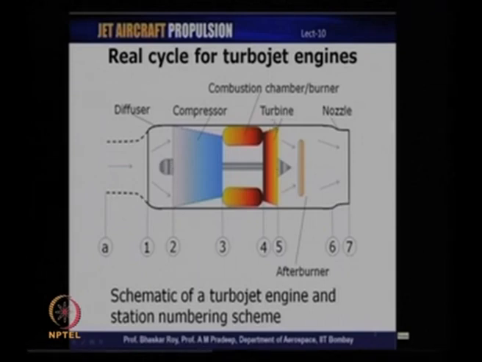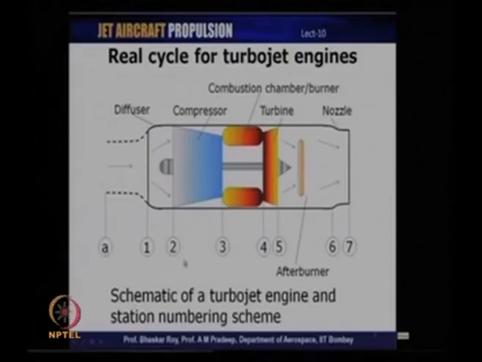After the turbine we may have an afterburner present, wherein additional fuel can be added and the cycle temperature can further be taken up by reheating. The combustion products are then expanded through the nozzle which generates the thrust. So, this is just a schematic of a turbojet engine.